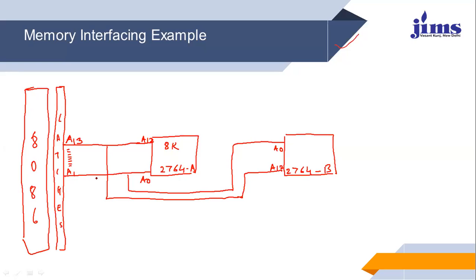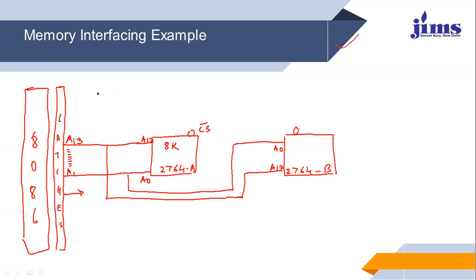Where will the A0 be connected? A0 will be connected to the chip select line, the CS line of one of the memories, and to the other memory, the chip enable or chip select will be connected through the BHE bar.